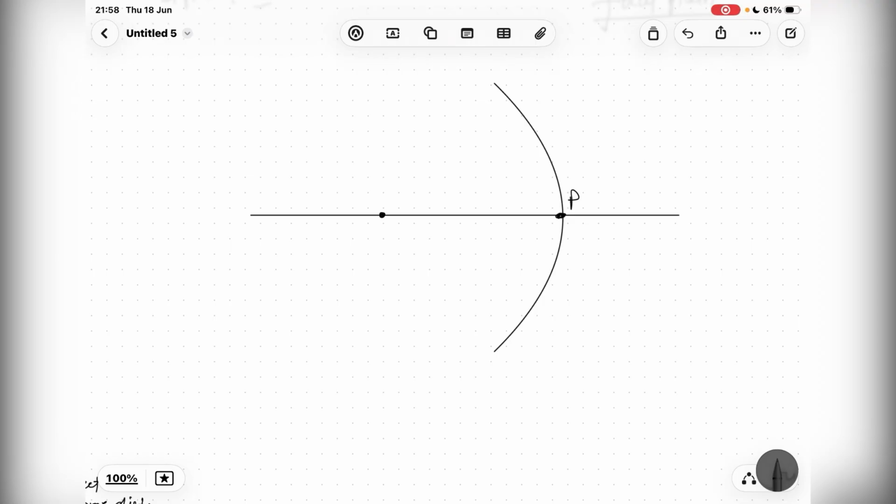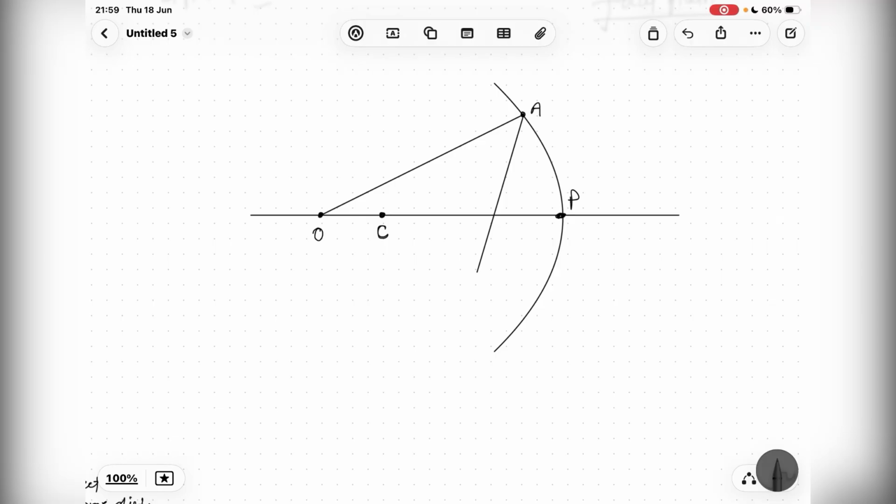Suppose somewhere here is the center of curvature, and somewhere here is our object. And suppose this object gives off a ray which touches the mirror surface somewhere here, and we call this point A. And as usual, by the laws of reflection, the ray will get reflected something like this, since it is a converging mirror.